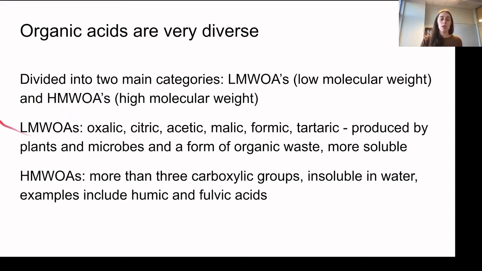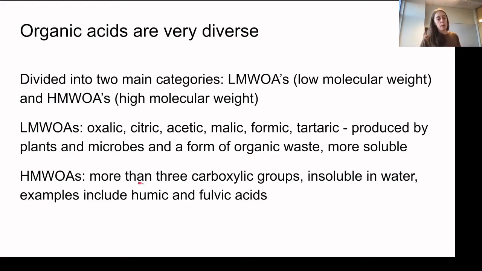These low molecular weight organic acids are things that you probably recognize a little bit more. Acetic acid and citric acid are both low molecular weight organic acids. These are typically produced by plants and microbes, and they can also be a form of organic waste. These tend to be more soluble, again, because they are less complex, lower molecular weight molecules.